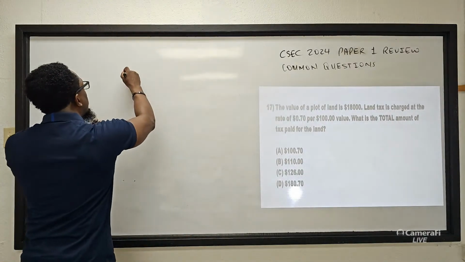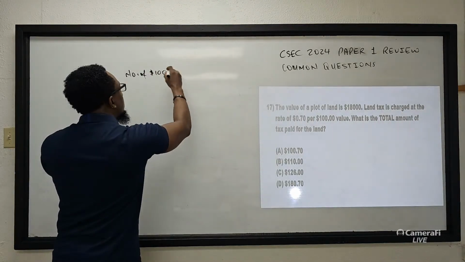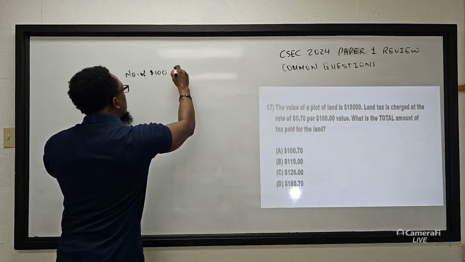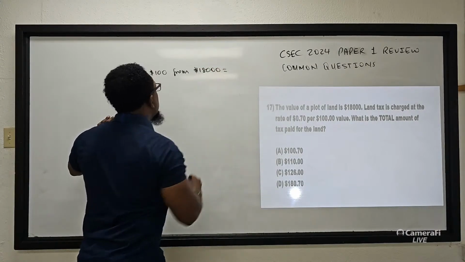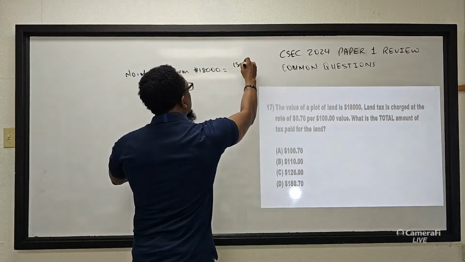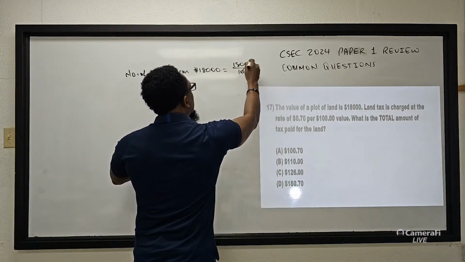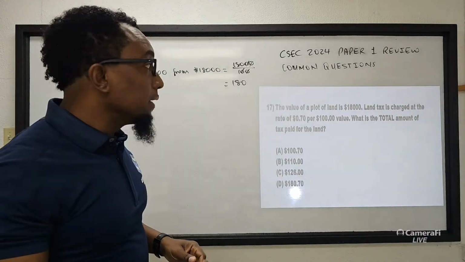So the number of $100 from 18,000 will be to simply divide 18,000 by 100, which will give us 180 $100 bills, right?